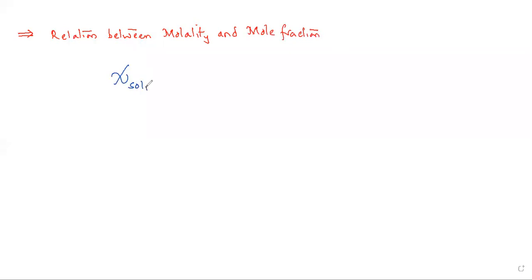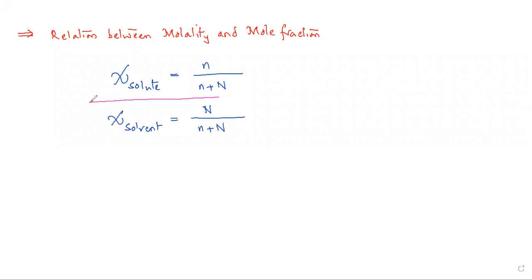Now, the mole fraction of solute can be given as small n by small n plus capital N. Similarly, the mole fraction of the solvent can be given as capital N by small n plus capital N. Take the ratio of these two.